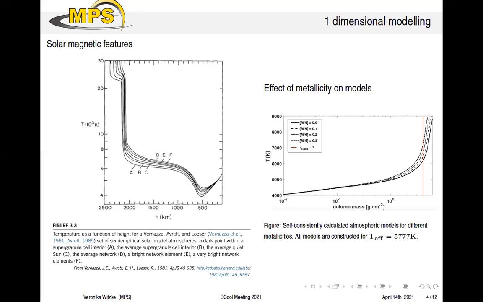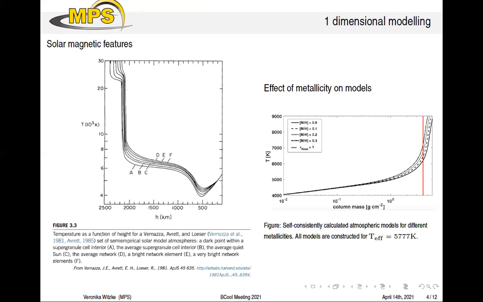This is why our 1D model range for metallicity only covers a small range of metallicities. If you just look at the self-consistently calculated atmospheric models for different metallicities, the effect is in the deeper layers, somewhere here. So we get the quiet regions, and then in order to get the faculae, we have to apply this temperature difference.